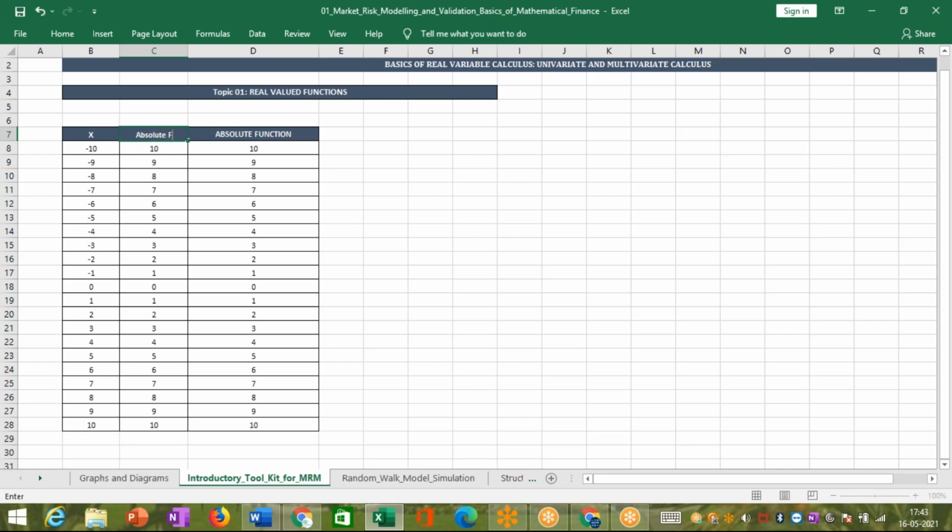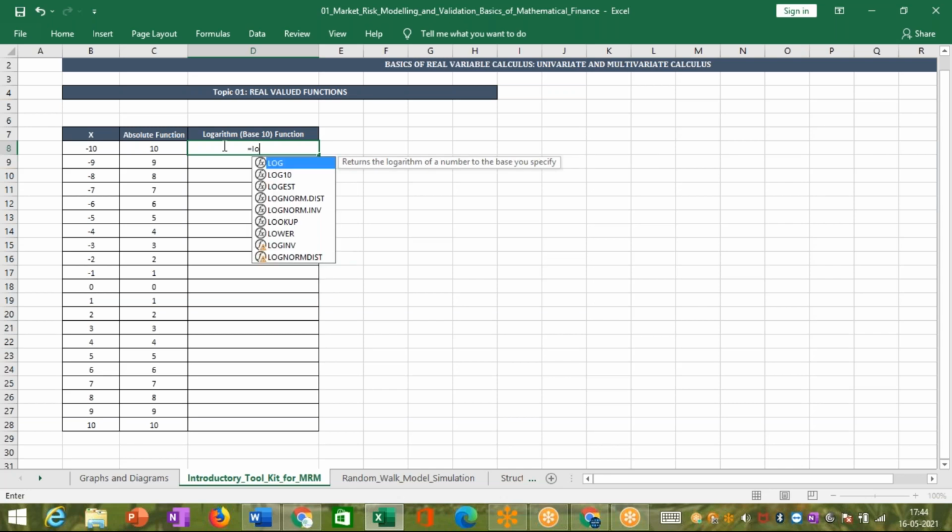Using the absolute function. So over here, what we'll have is the logarithm function. We'll say this is the logarithm base 10 function, which is the log 10.